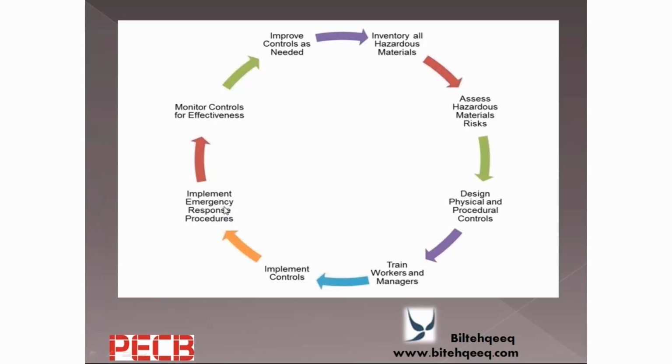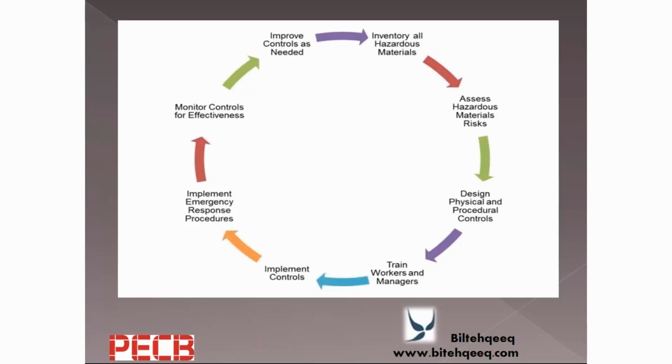After implementing the controls, implement emergency response procedures, monitor controls for effectiveness and improve controls as needed. Inventory all hazardous material. So this is a continuous cycle, and you have to take care of all the steps and all the requirements to develop an effective hazardous material management.